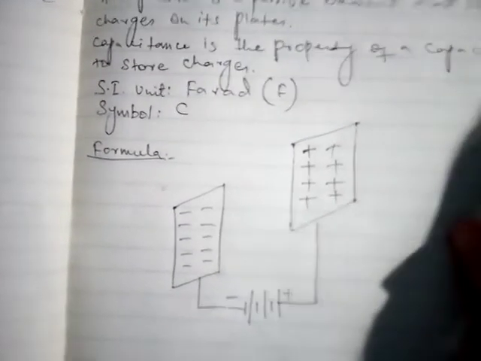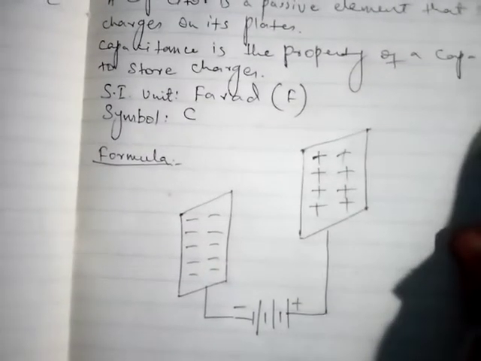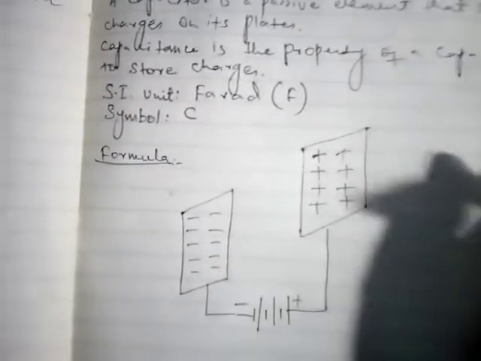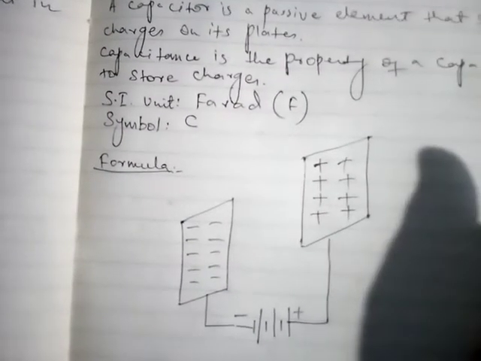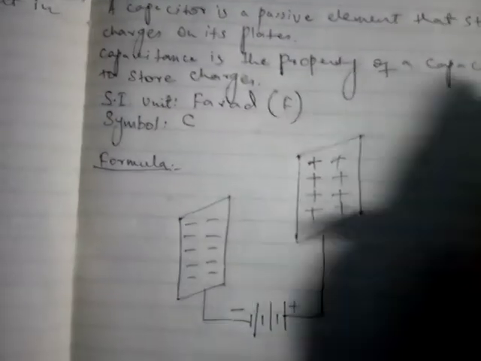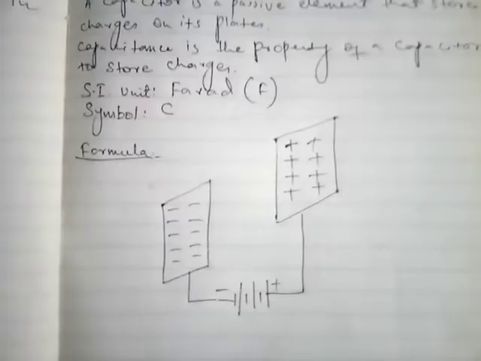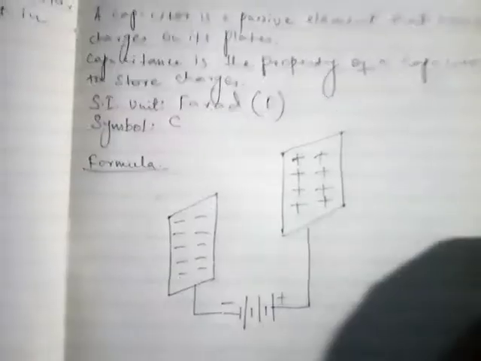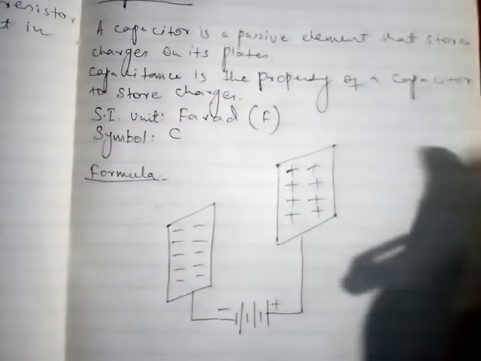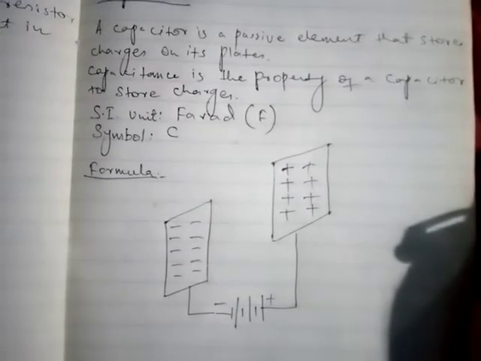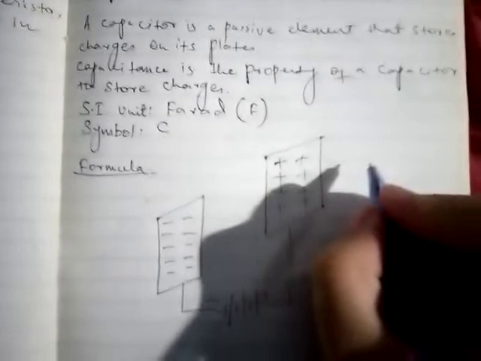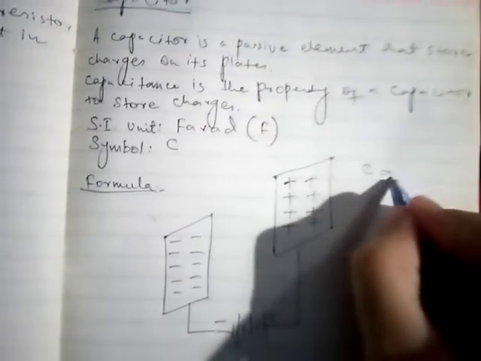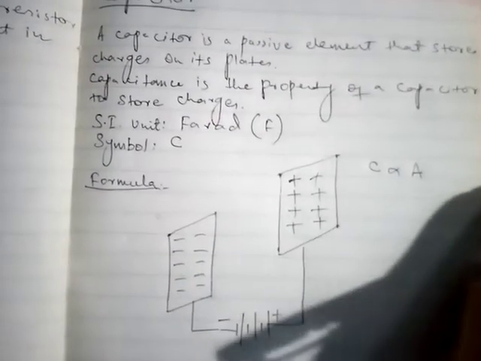As I have previously said, the capacitance is the ability of a capacitor to store the charges. It means if the capacitor is capable of storing more charges, then its capacitance is high. If the capacitor stores fewer charges, then obviously its capacitance is low. Capacitance of the capacitor is directly proportional to the area of the plate.